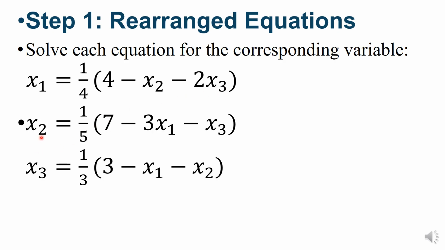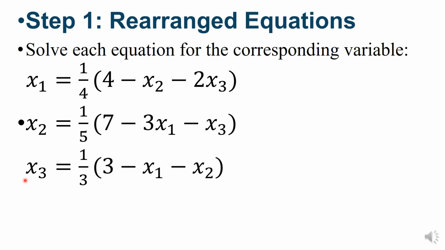Now x2 equal to 1 upon 5 bracket 7 minus 3x1 minus x3. x3 equal to 1 upon 3 bracket 3 minus x1 minus x2.